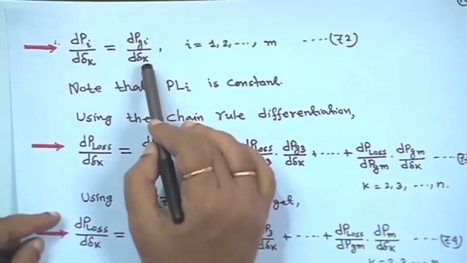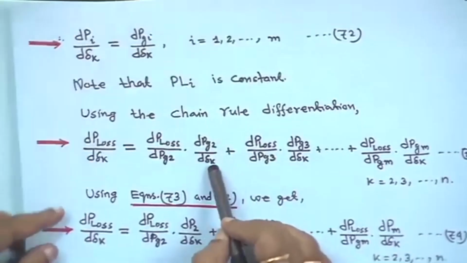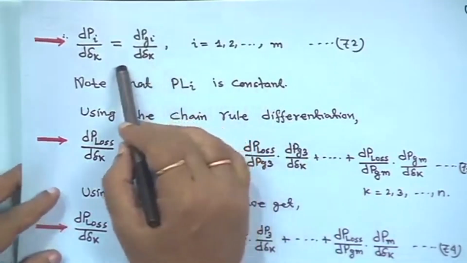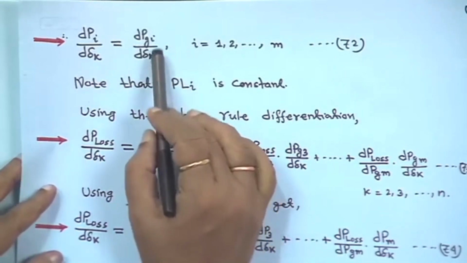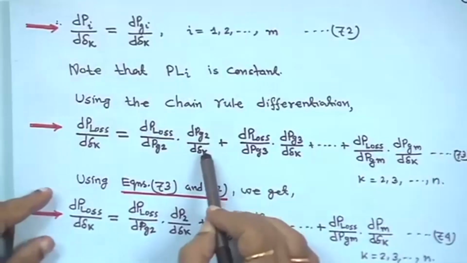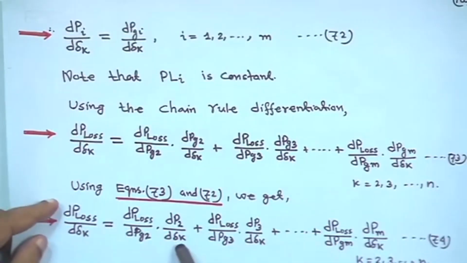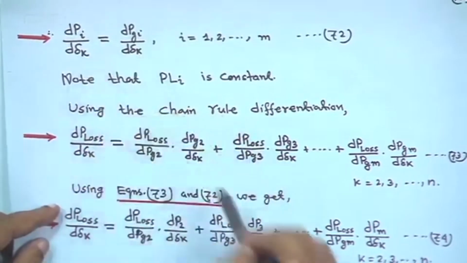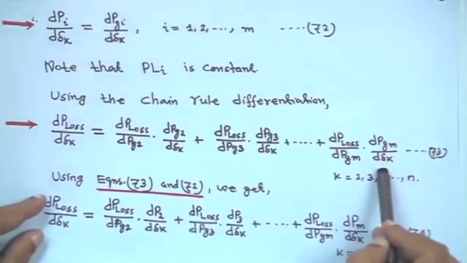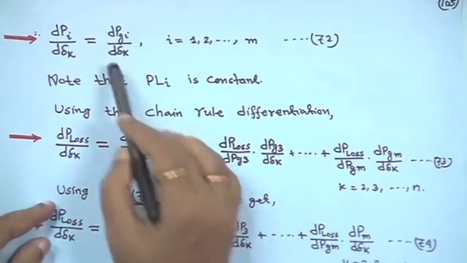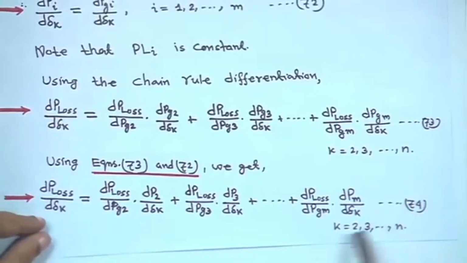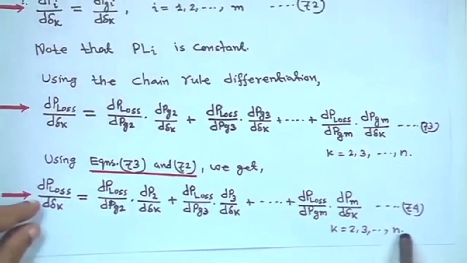We replace dPg2 upon d delta k by dP2 upon d delta k, from equation 72 only. Similarly, dPgm upon d delta k is equal to dPm upon d delta k, again from the same equation. So, that is equation 74, for k equal to 2, 3, up to n.